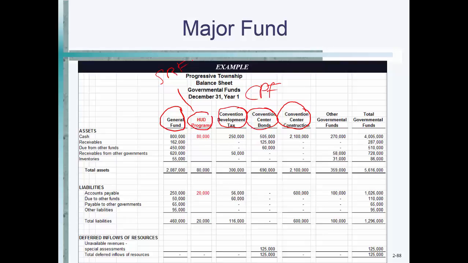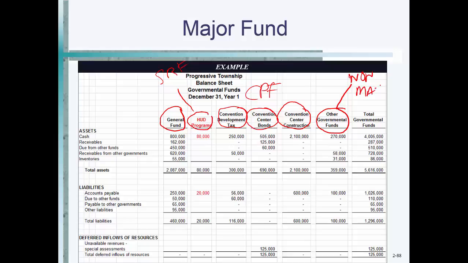But on the face of the financial statement, we only report what? We only report the major funds. That was why I didn't want you to count them, right? Because those are only major funds there, and you won't count 11. Okay, now you come over and you take a look and see these other governmental funds. You see that column? Those are the non-majors.